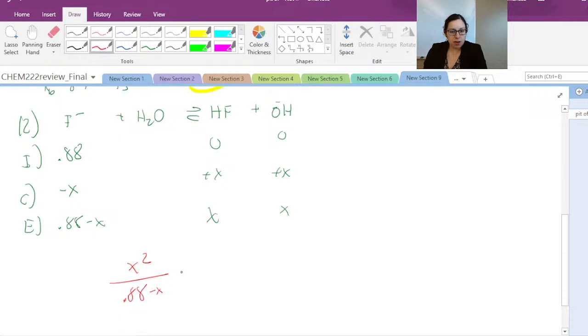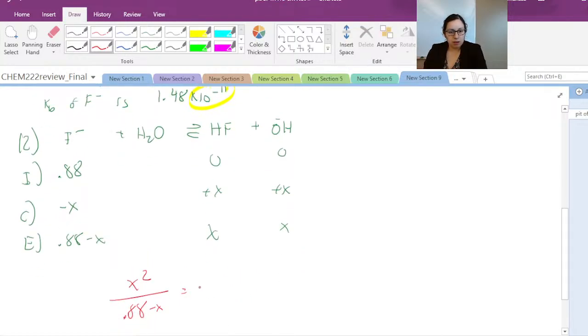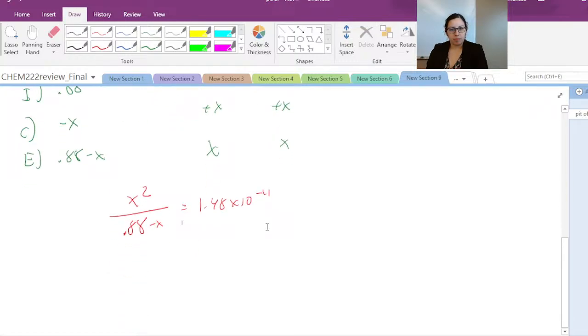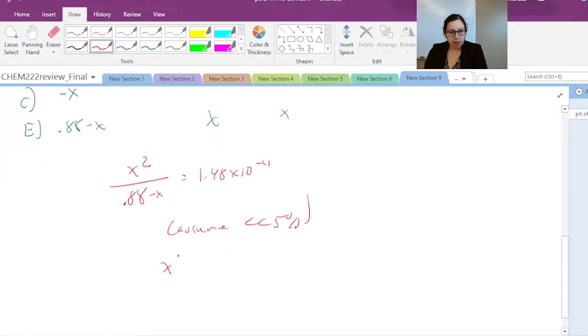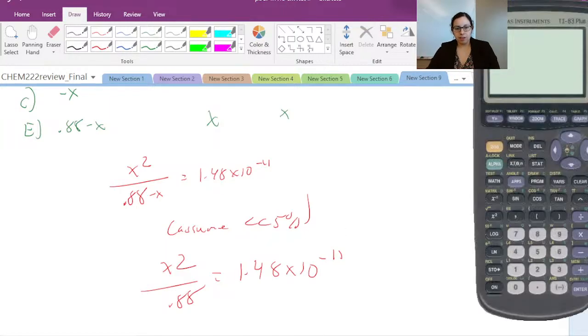So first I'll write it equals our Kb. So assume less than 5%. Now we're just left with x squared over 0.88 equals our Kb. And so now we can solve.